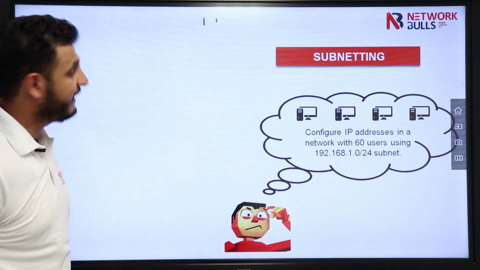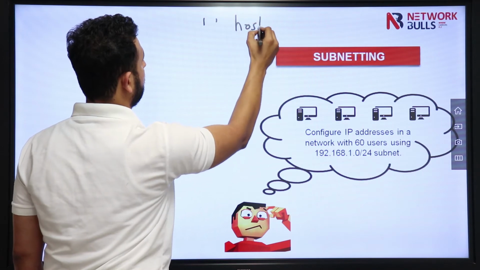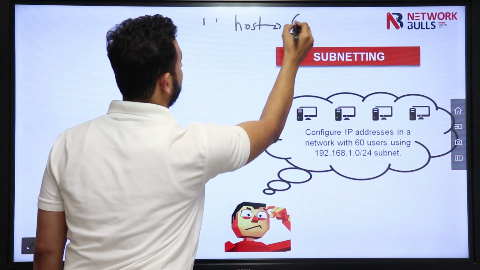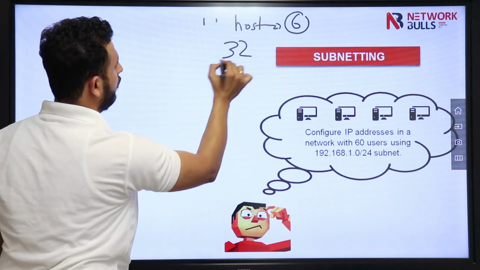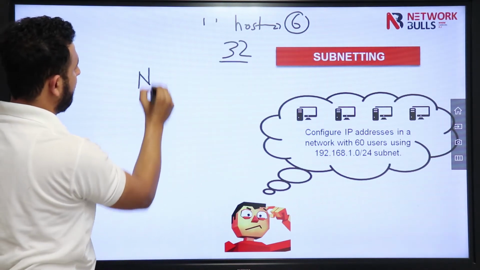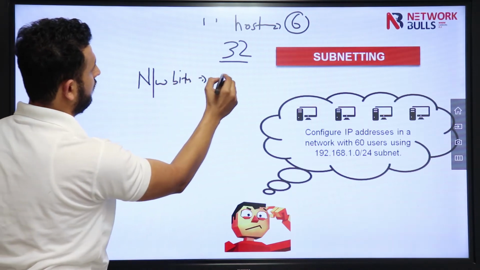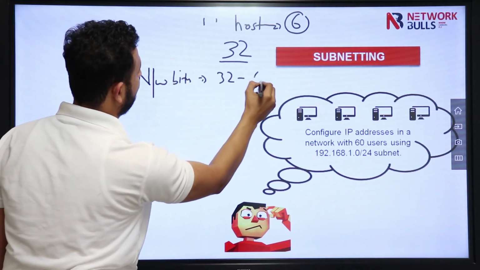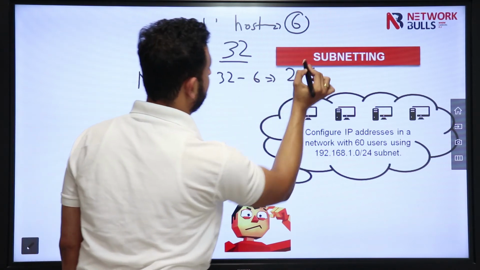So how many host bits do I need? 6. In total number of bits were 32. So how many network bits are there? 32 minus 6. It means 26.